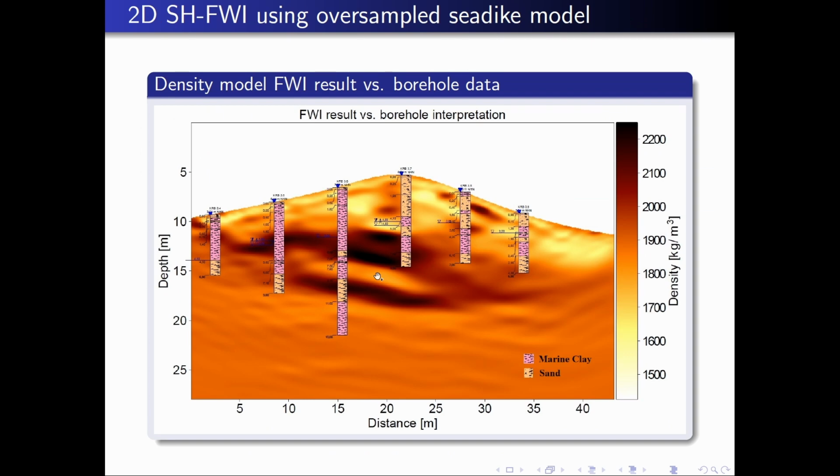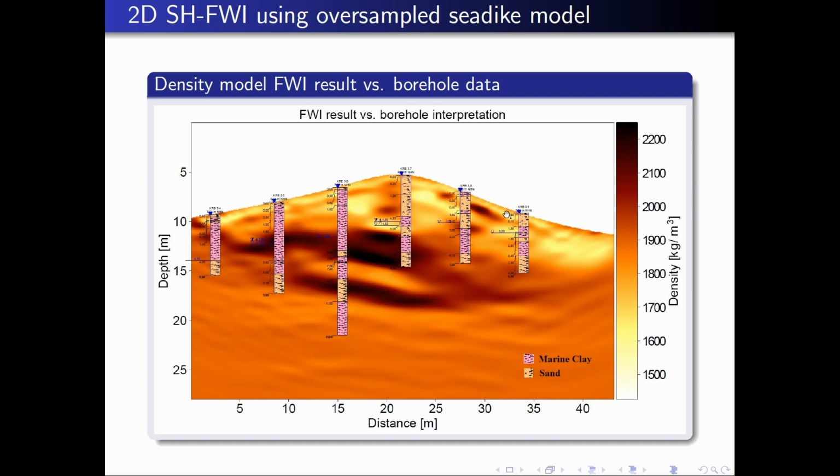This time we applied a multi-parameter SH waveform inversion optimizing the S-wave velocity and density model, so I plotted the density model this time. We can recognize similar features as in the previous inversion result. A low density layer near the surface is followed by a thin high density layer below. So we see this on the land and on the seaside.